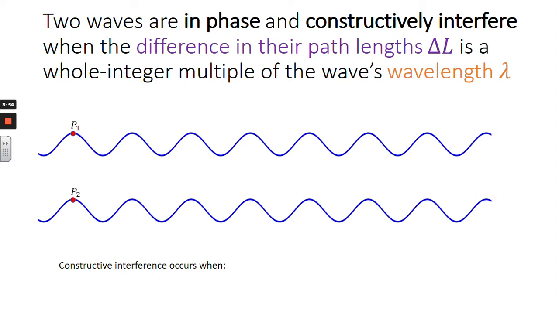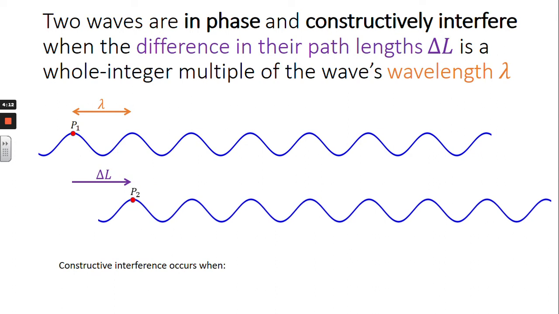Let's talk about what I mean. We've got two waves here in blue, and we're going to add them together. We're going to focus on point 1 here and point 2 on the second wave below. Right now, these waves are going to add together and constructively interfere.